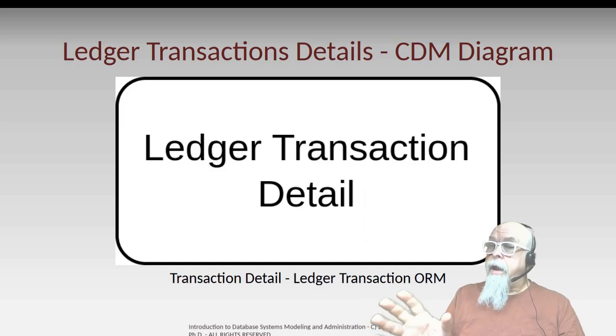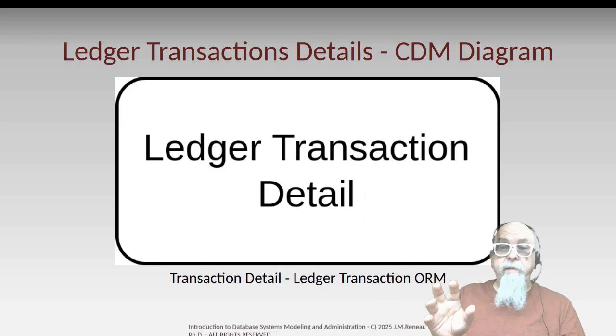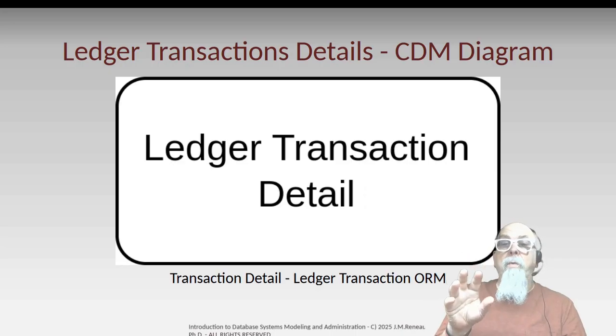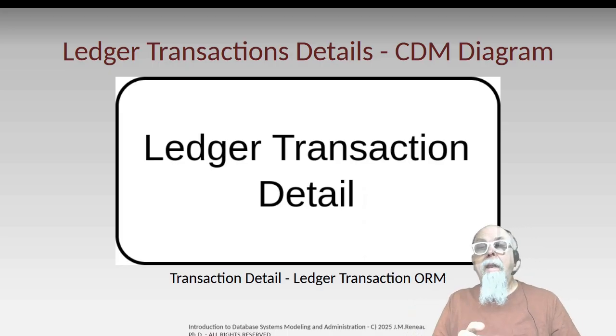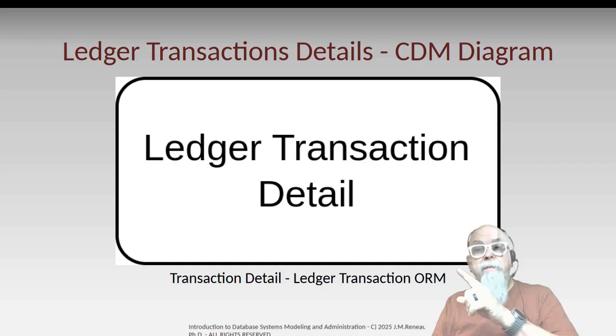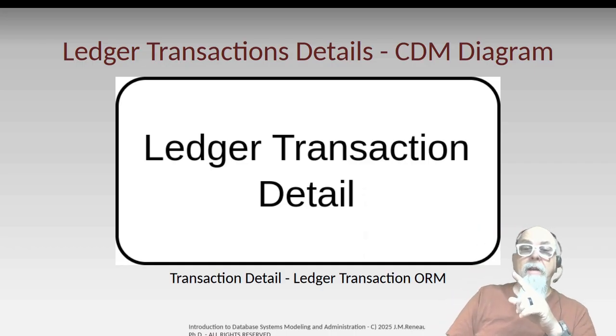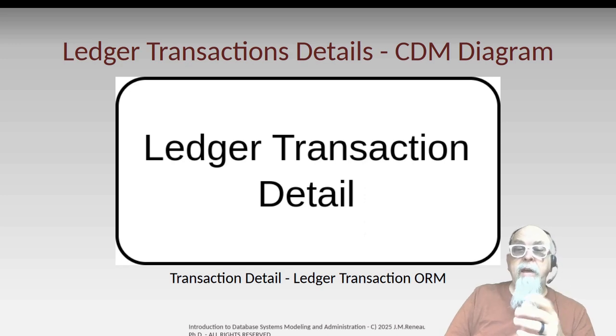Even though there are a lot of bits of information in the detail, we're not worrying about that at this point. We're not modeling the attributes. We're just modeling the entity itself, and you see it there with the rounded rectangle, and this is in object relation model notation of the name of the entity.